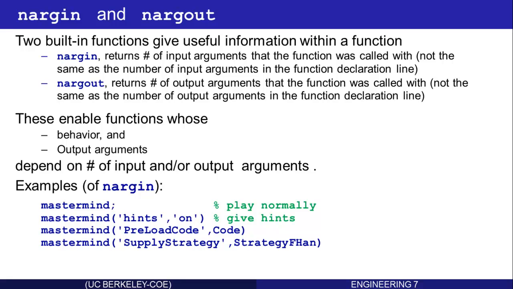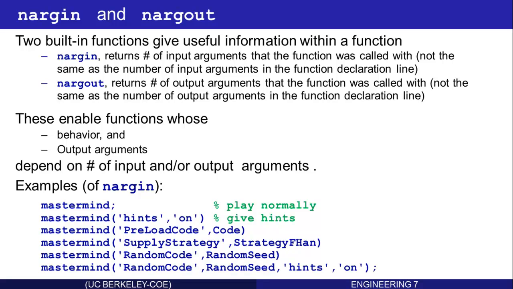Alternatively, we might be learning about artificial intelligence and supplying a game-playing strategy ourselves. Possibly we want to seed the random code so that we can repeat the game many times with the same random code. Or perhaps we're trying to control the random seed as well as have the hints on. Those are some examples where we called mastermind with different numbers of input arguments in order to achieve different behavior.